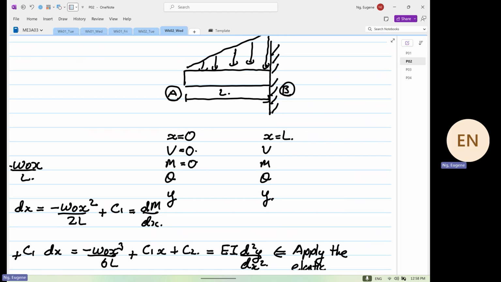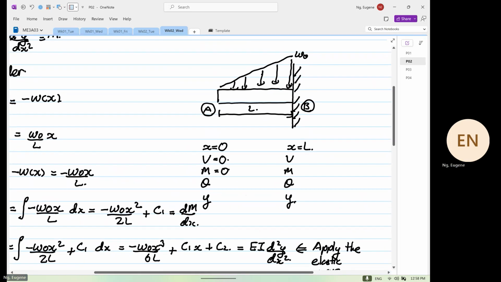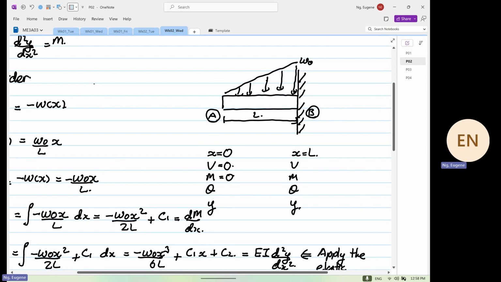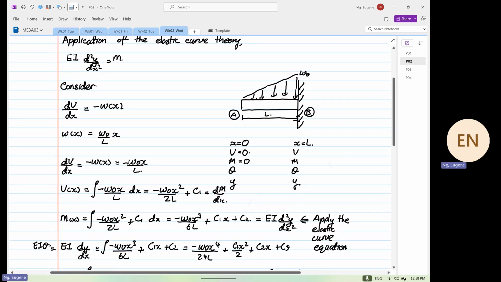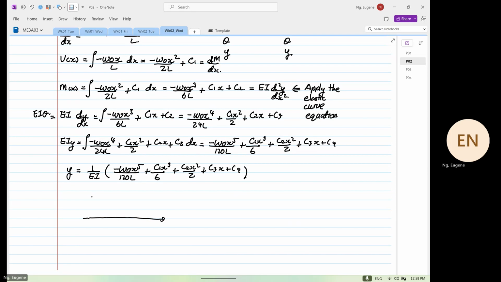Theta, some of you might ask me, Eugene, what is theta? So if we were to sketch the elastic curve theory, if this is x, this is y, this is the deformation of the structure.